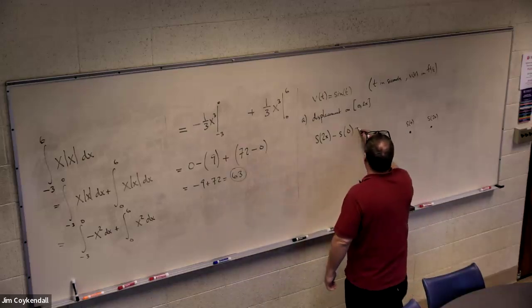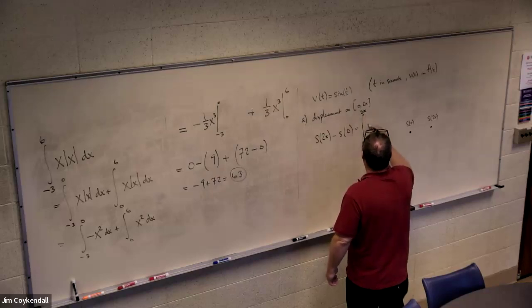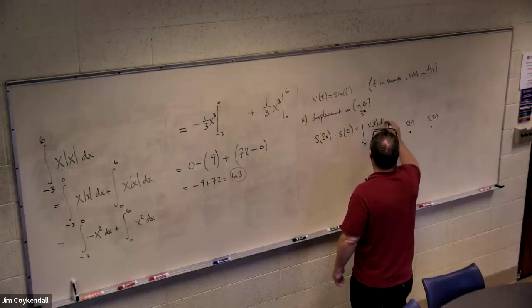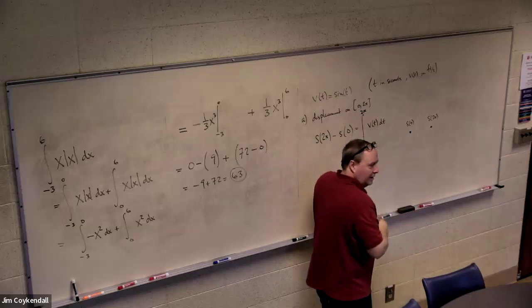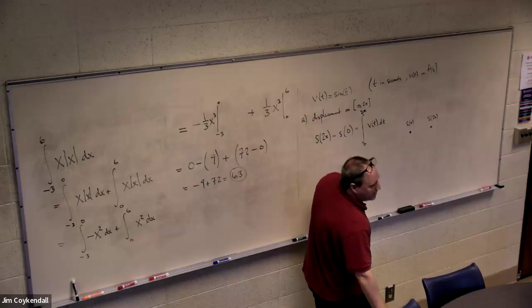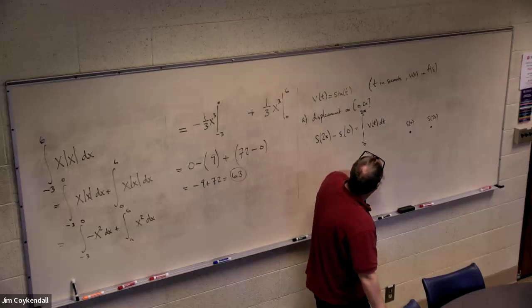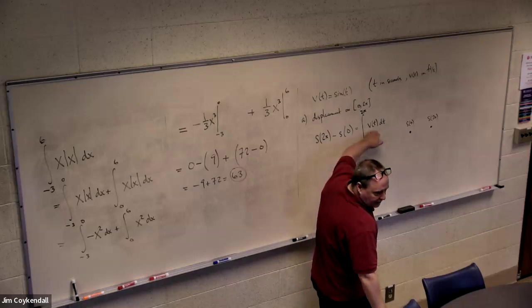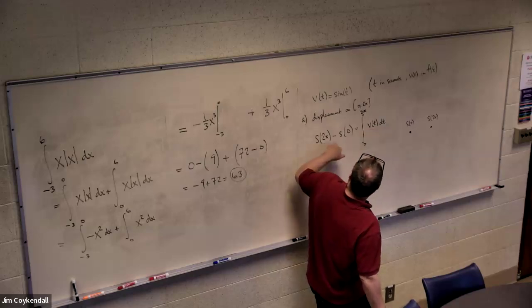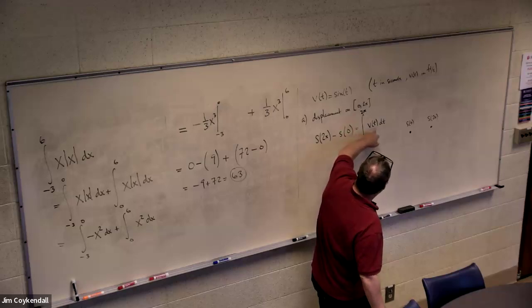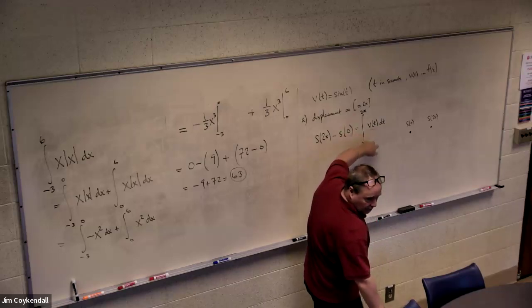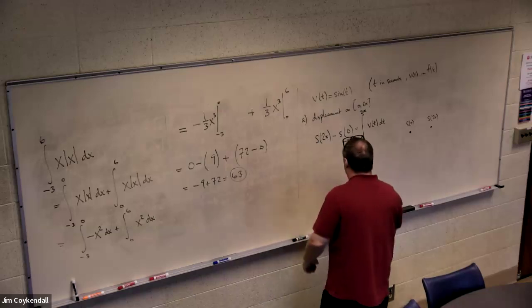And this is the integral from 0 to pi of v of t. So by the fundamental theorem of calculus, what's the antiderivative of velocity? Position, right? Position at 2 pi minus position at 0. That's exactly this integral. So working out this integral would mean working out the displacement.